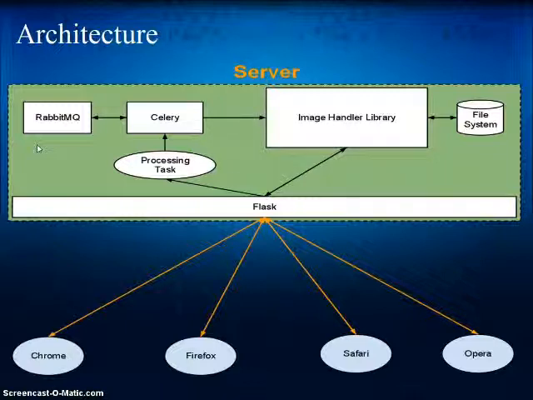And so it does that by going through a small image handler library that we wrote. So that image handler library does a couple of things. It handles manipulation of the data as well as calls out to the SimpleITK library to handle and process the image files. And we are using a simple data store, just the file system, and storing the PNGs and JSON files that we generate down to the file system itself.